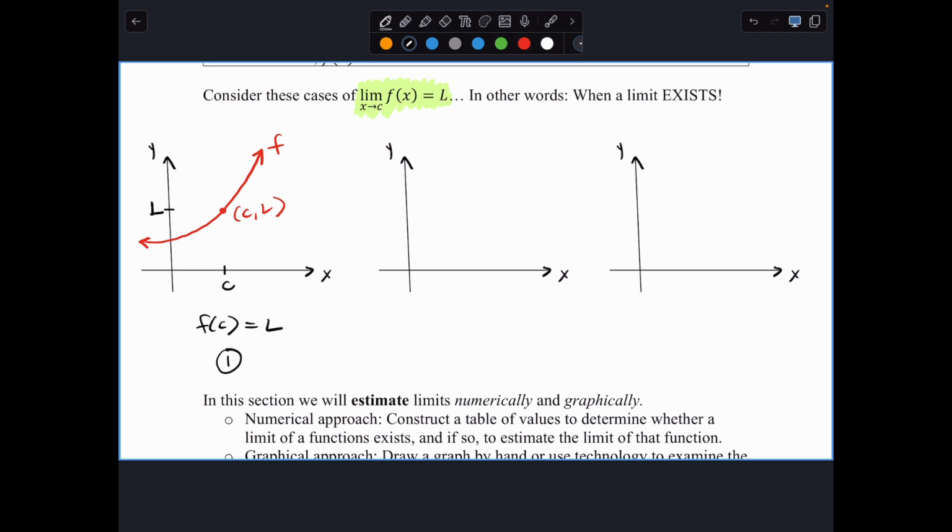The next case where the limit would exist is where, let's say we have a similar function f, but let's think of it as piecewise. The function is equal to some rule for all real numbers except whenever x is equal to c.